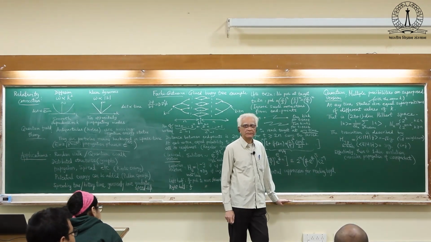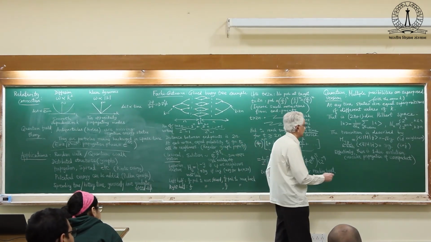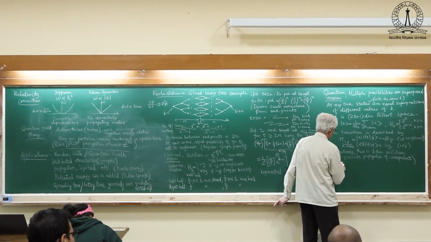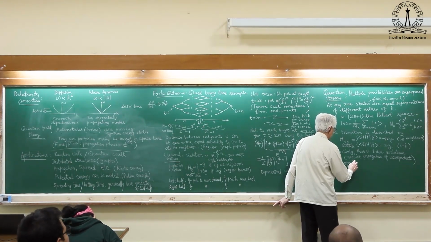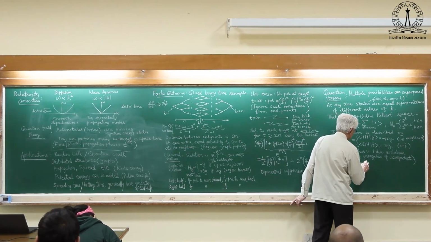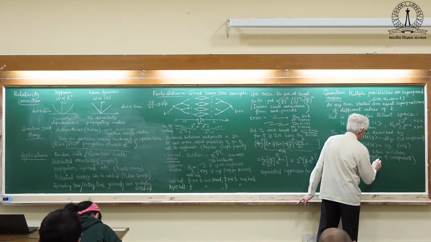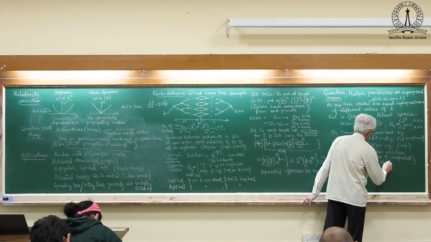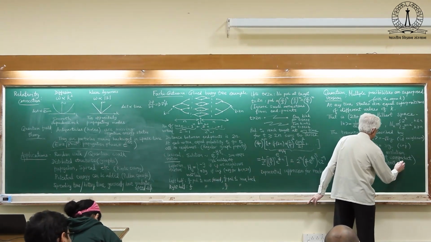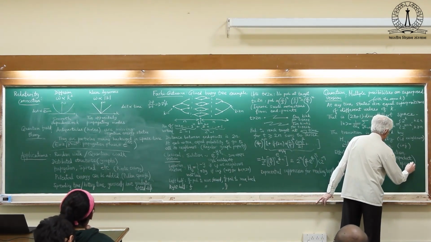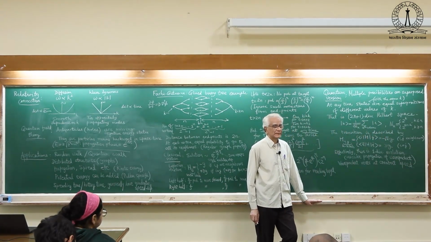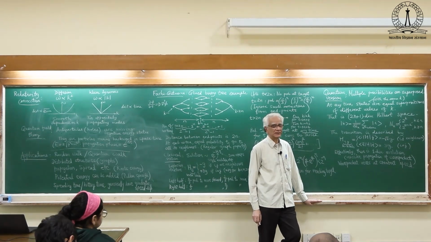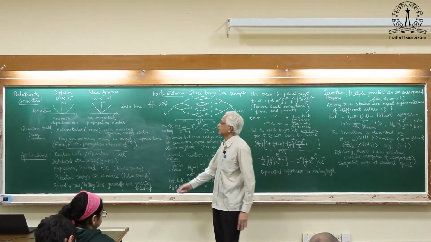But what was the most important property of that wave packet? That wave packet moves at constant speed. That was the characteristic of the wave.